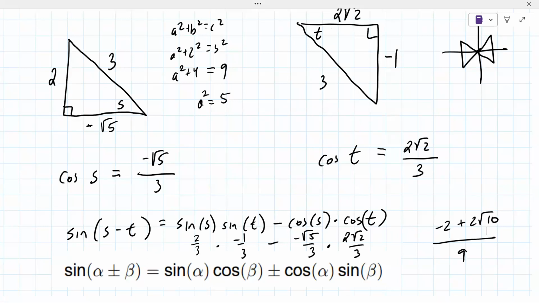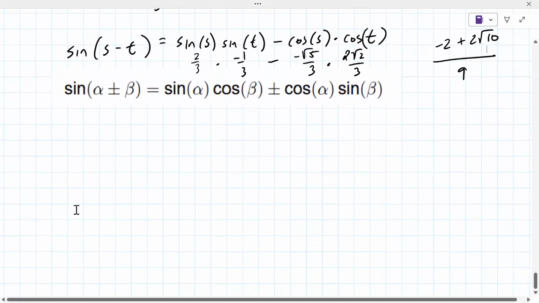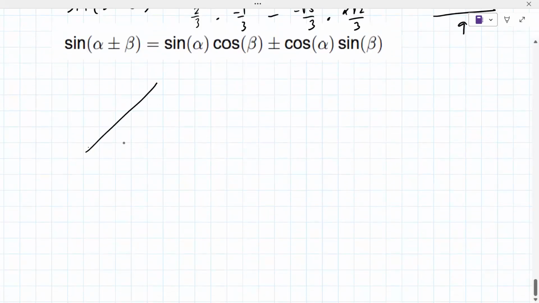Did you do any tangent sum and difference in class? Yeah. So they don't often work out all that great. It's the same idea as this. So let's make up a problem here.